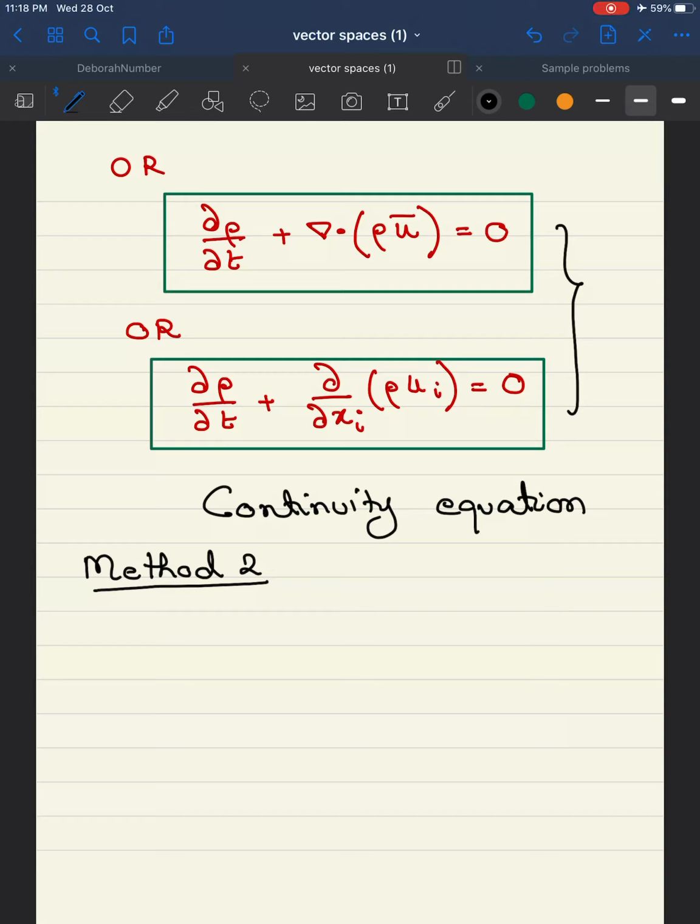And what was the equation of conservation of mass for the control volume?